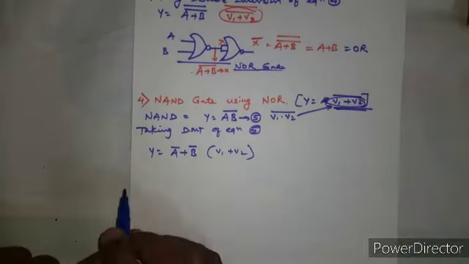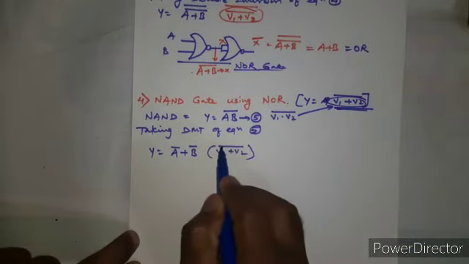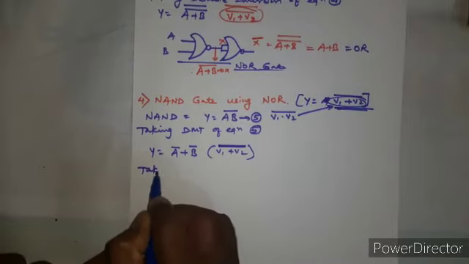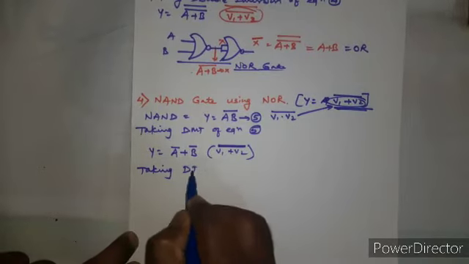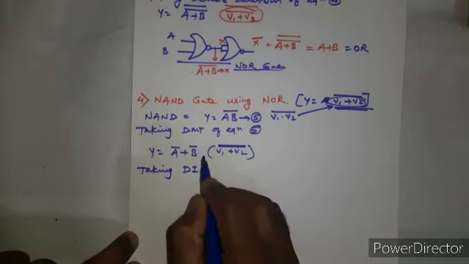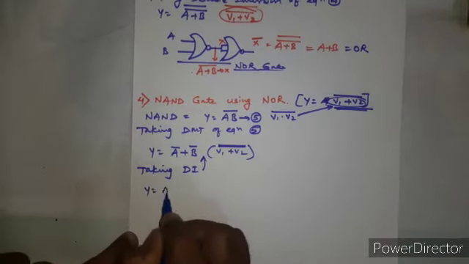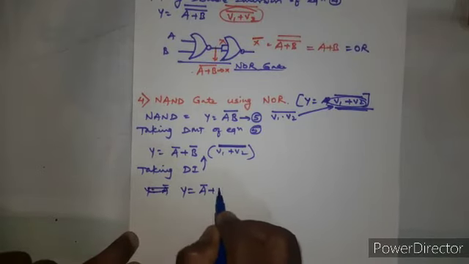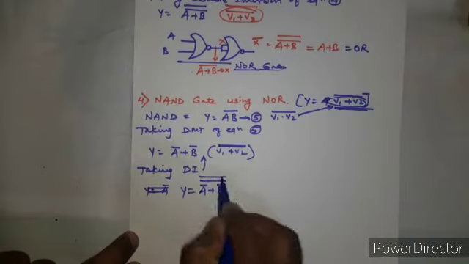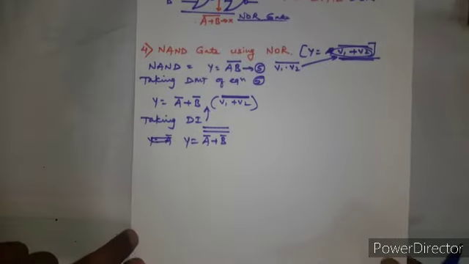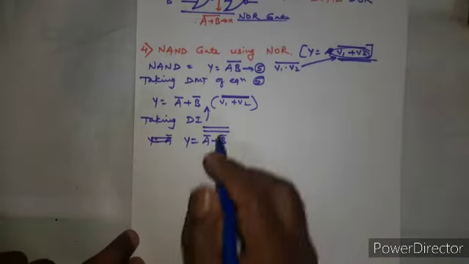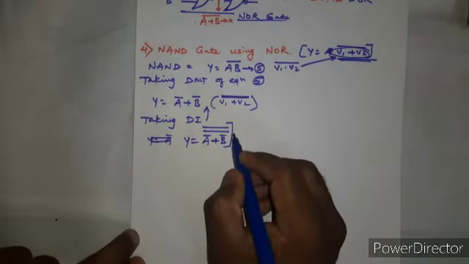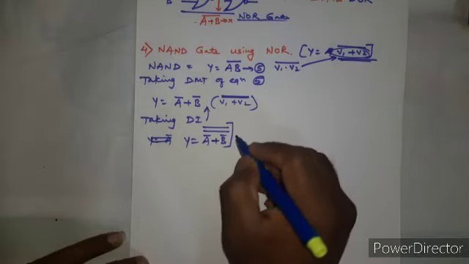Half part we have got here. Now the question is about this bar. Taking double inversion of this equation, we have y equal to a bar plus b bar whole bar. Okay, so this is how the equation of NAND using NOR.